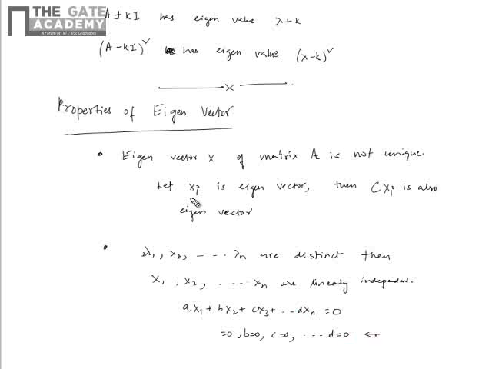So this is a case of linear independence. That is one important property of the eigenvectors.